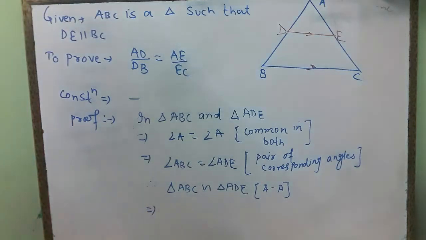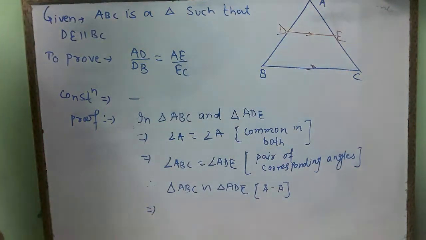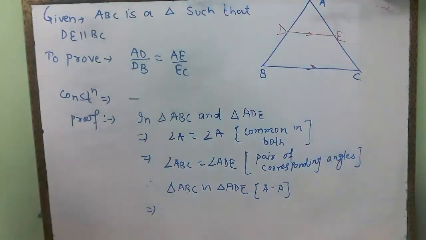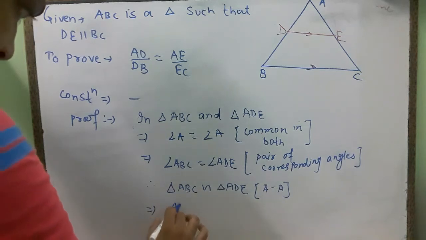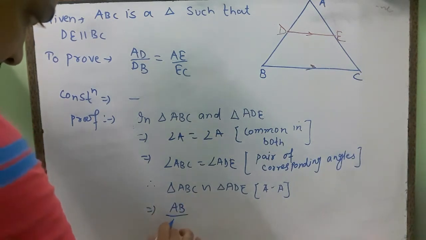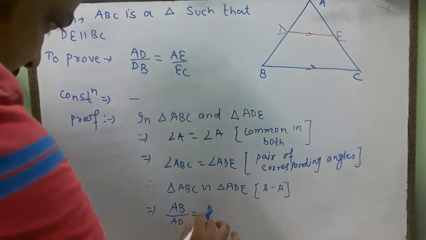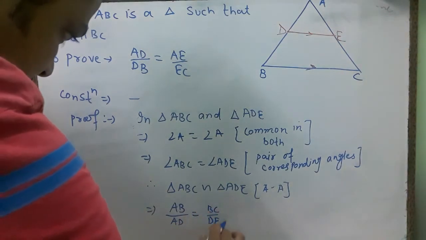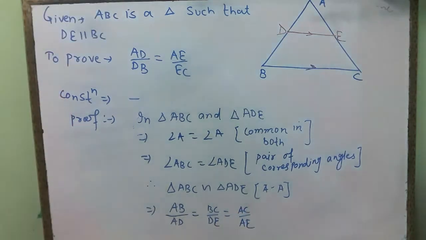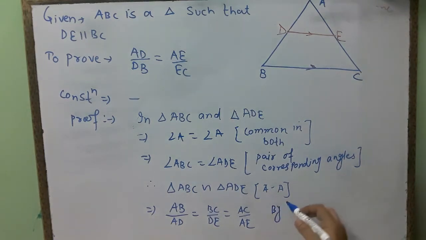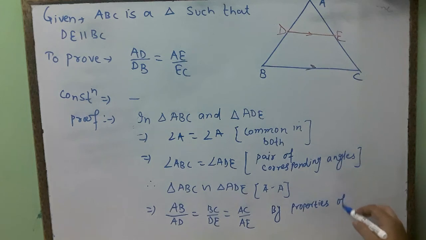After similarity, you know the properties of similarity: the sides will be in proportion. So select AB, its pair is AD, so AB by AD; BC's pair is DE, so BC by DE; and that is equal to AC by AE, by properties of similarity.